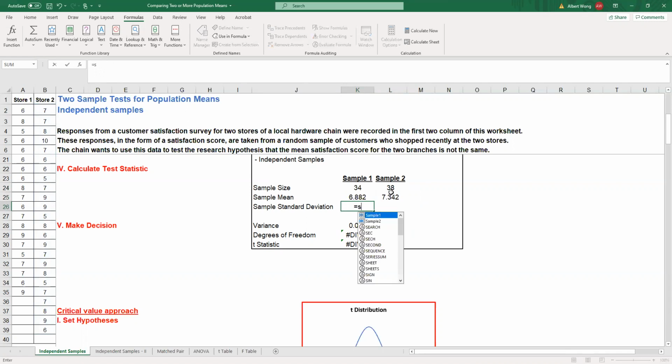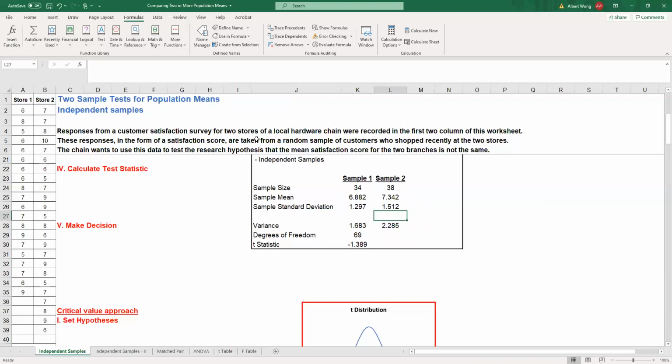In Excel, as we talked about a long time ago, this is STDEV of sample 1, and then STDEV of sample 2. As we mentioned before, a lot of times when we do a problem, these 6 statistics are already given to us, and then we do not have to go through this step.